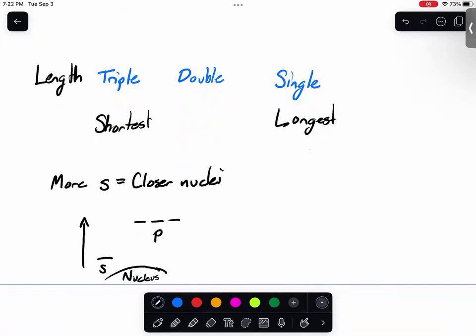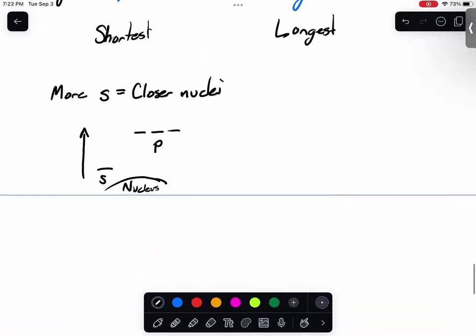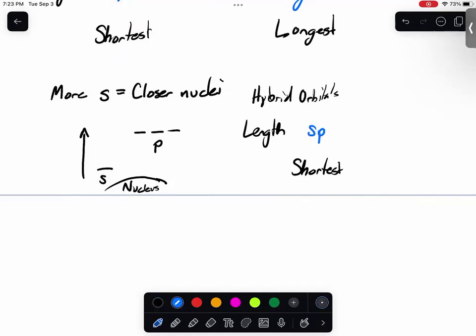So whenever we're determining length for hybrid orbitals, we are essentially saying that the shortest must be the one with the most s character. So this would be our sp hybrids, whereas the longest are the ones with the most p character. So this would be our sp3 hybrids. And that means that sp2 falls right in the middle.